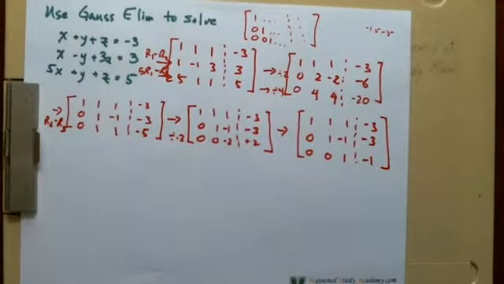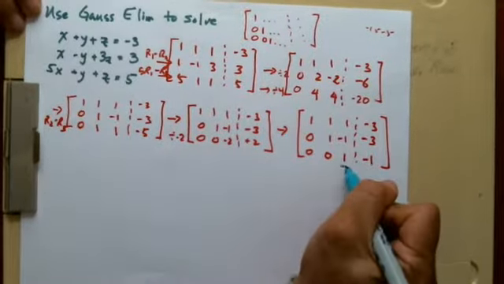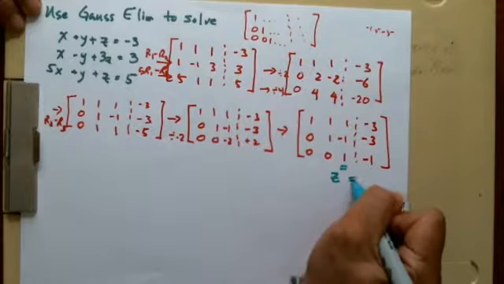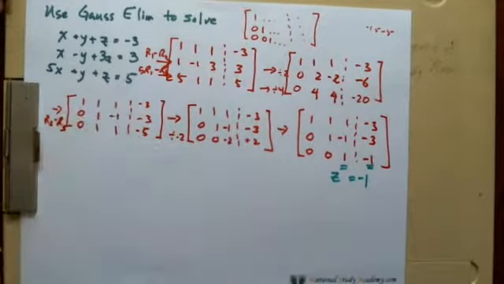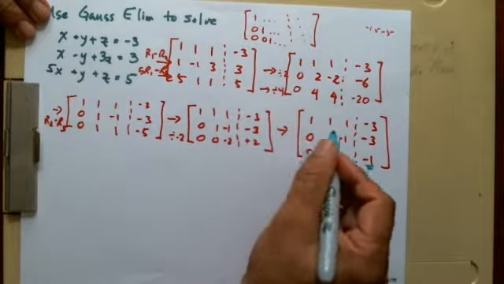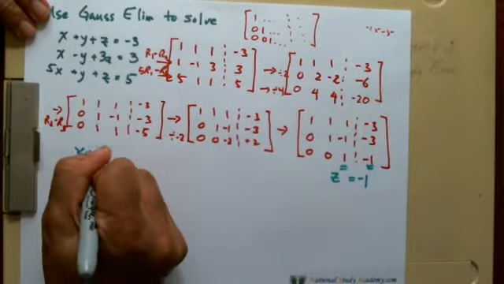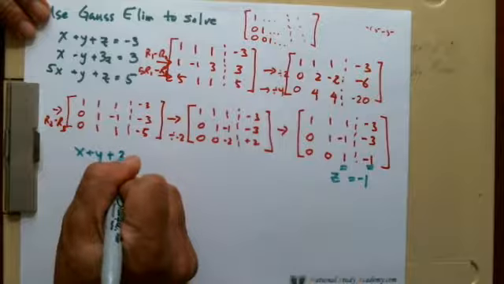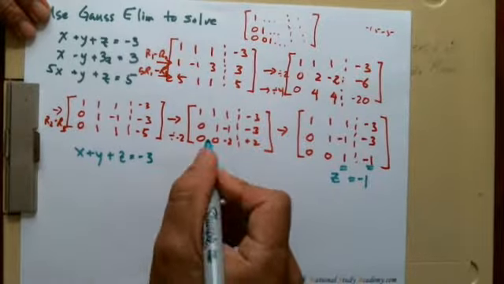So given this information right here, we're done, basically. Well, not almost done. So the z value right over here is equal to negative 1. This value right over there, okay? So if we rewrite this equation, it's going to be x plus y plus z equals negative 3. That's equation 1.